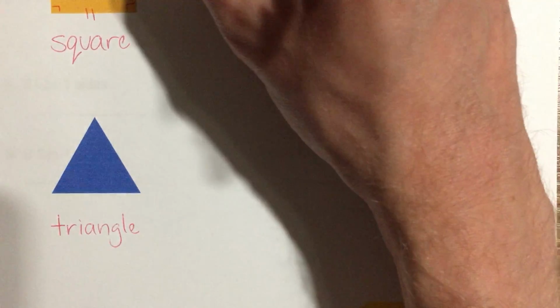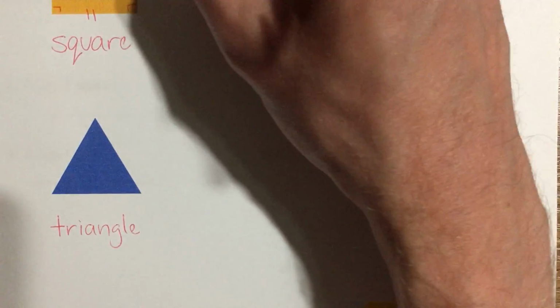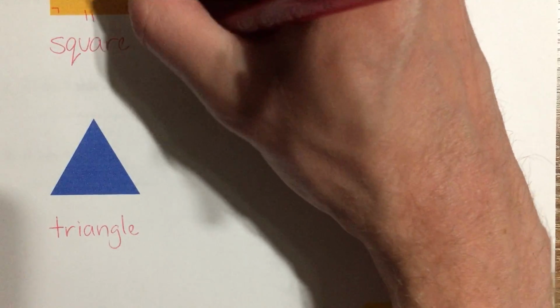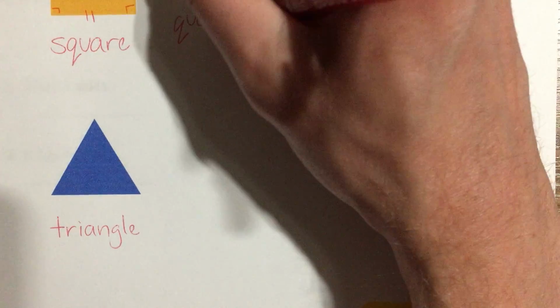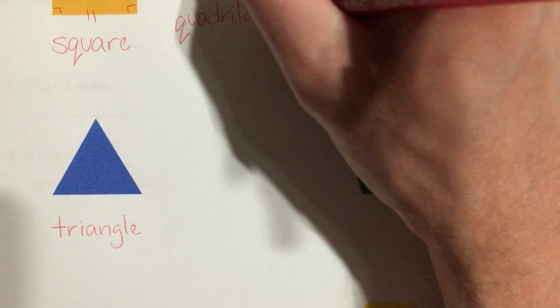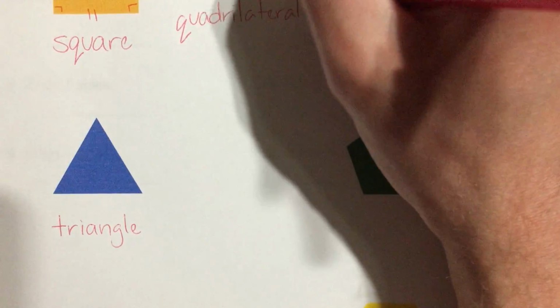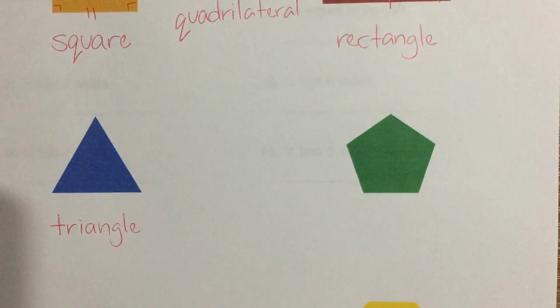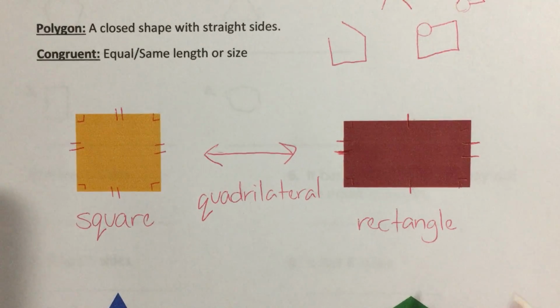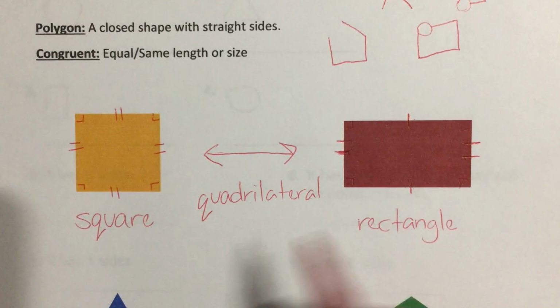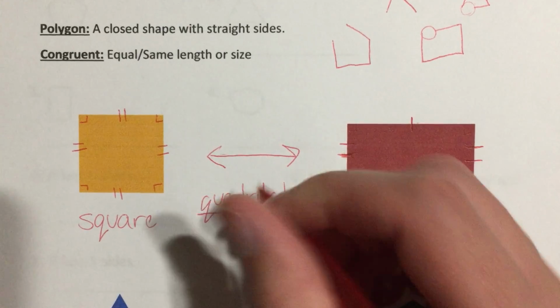Now these 2 are something called a big word, quadrilateral. Quadrilateral. Yes, I spelled it right. Both of them are quadrilaterals. Quad means 4.